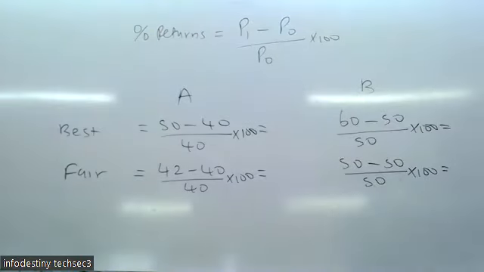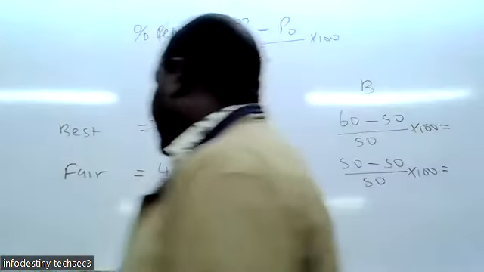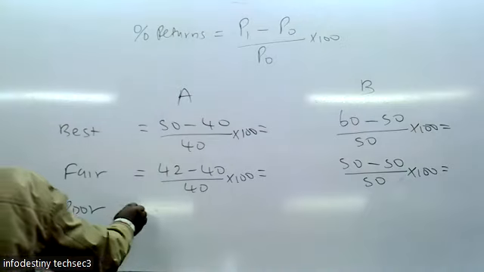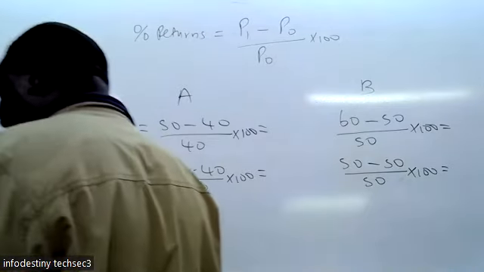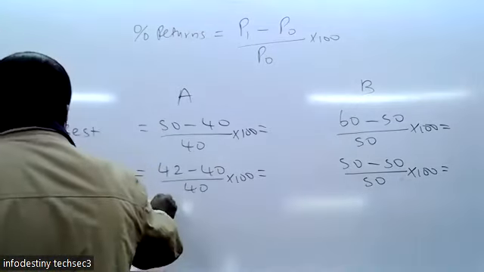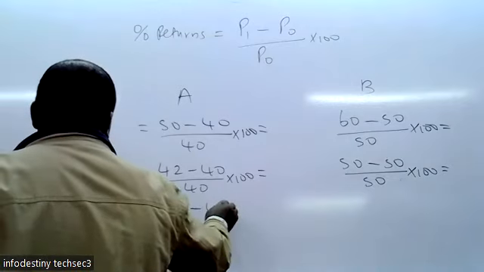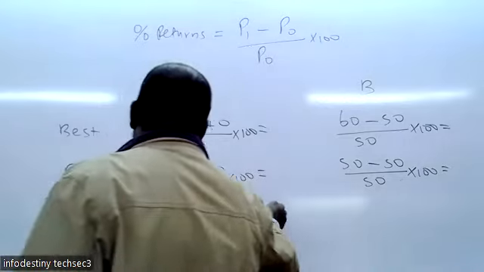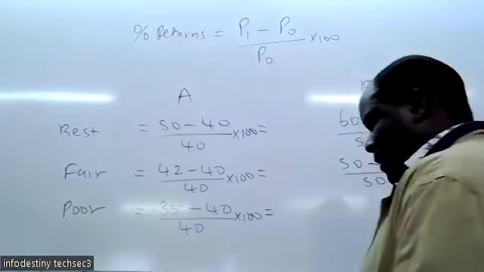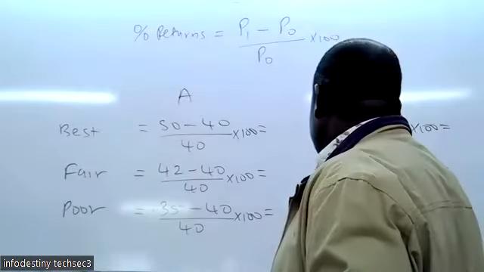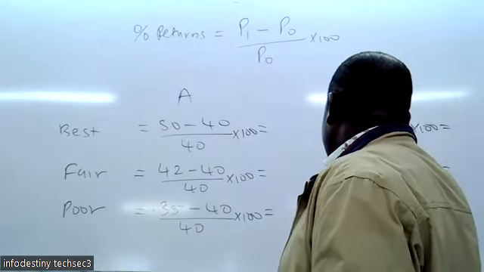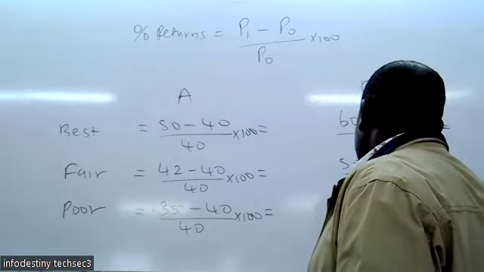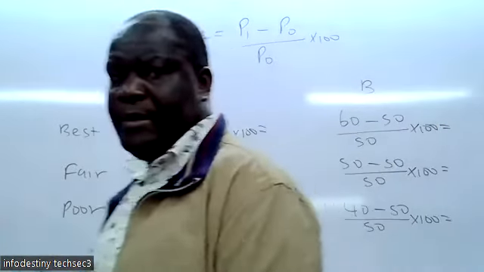The last one is poor. For poor, it is 35, minus 40, divide by 40, express it as a percentage. The other one is 40, minus 50, divide by 50, express them as percentages.